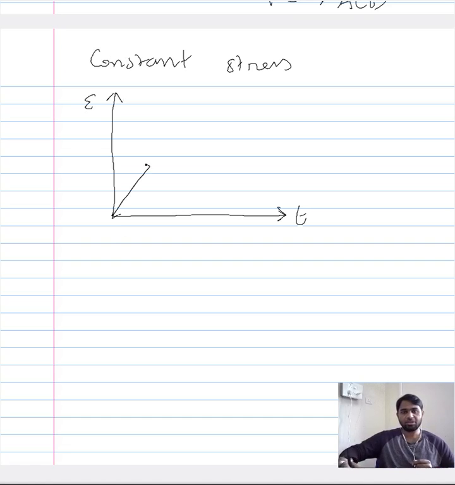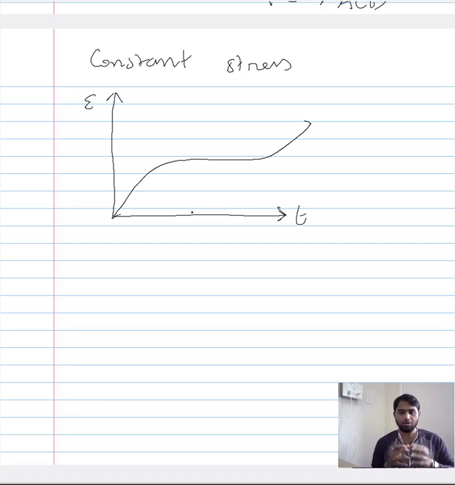You have a region something like this. So when you impose a constant stress on a crystalline material for a prolonged period of time, a curve something like this will be observed.